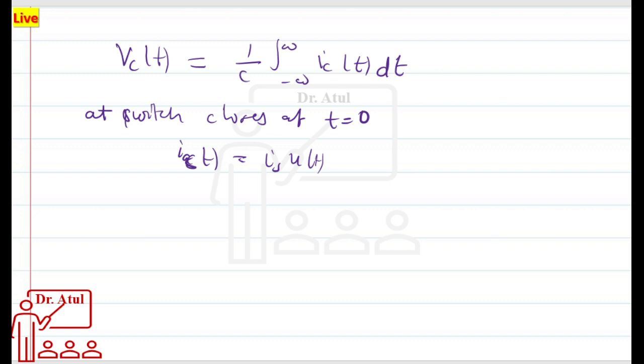करंट इक्वल होगा पूरे सर्किट में, जो जितना कैपेसिटर से फ्लो होगा वही रेजिस्टेंस से फ्लो होगा लाइक दैट. So the voltage VC(t) is equal to 1 upon C, minus infinity to infinity, IC(t) dt.